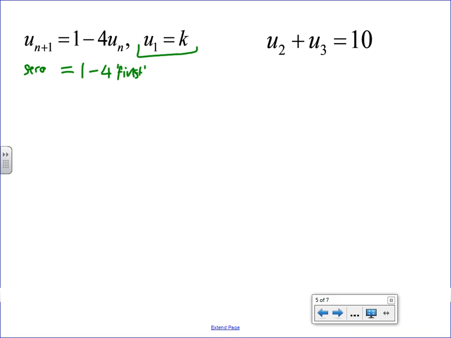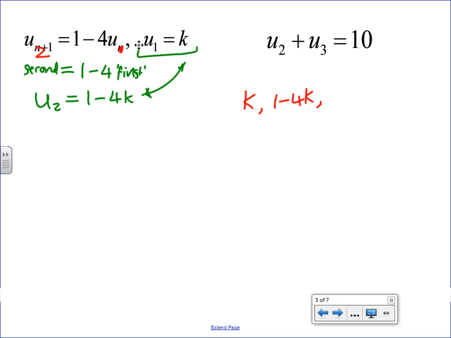That's when n is 1. So if n is 1, it says 1 minus 4u1 is u2. So the second term is 1 minus 4 lots of the first one, which is k. So u2 is 1 minus 4k. If we were building them up, it would say k, comma, 1 minus 4k, comma.